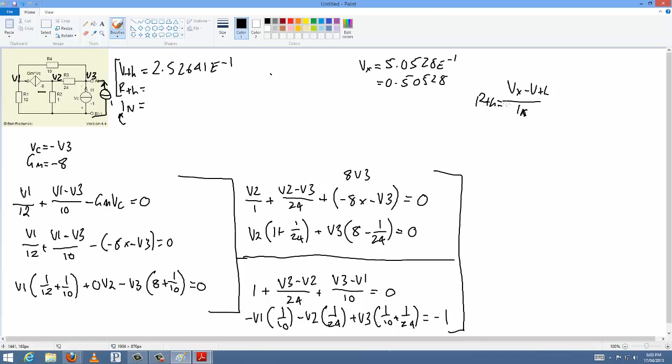There's an explanation on the Facebook page to that. I asked a question before. But that's basically what you have. So Rthevenin is 0.50528 minus Vthevenin, which is 0.25264, all on Ix, which is the current source that we added, so it's 1.